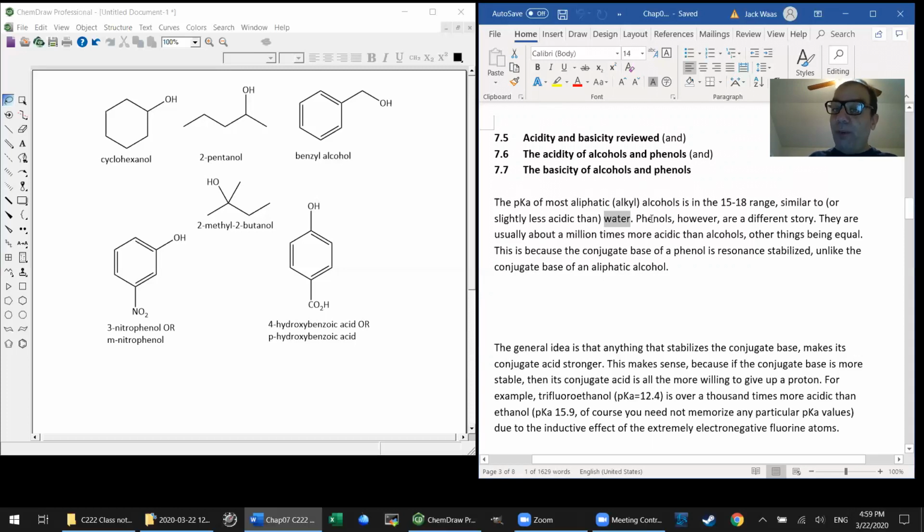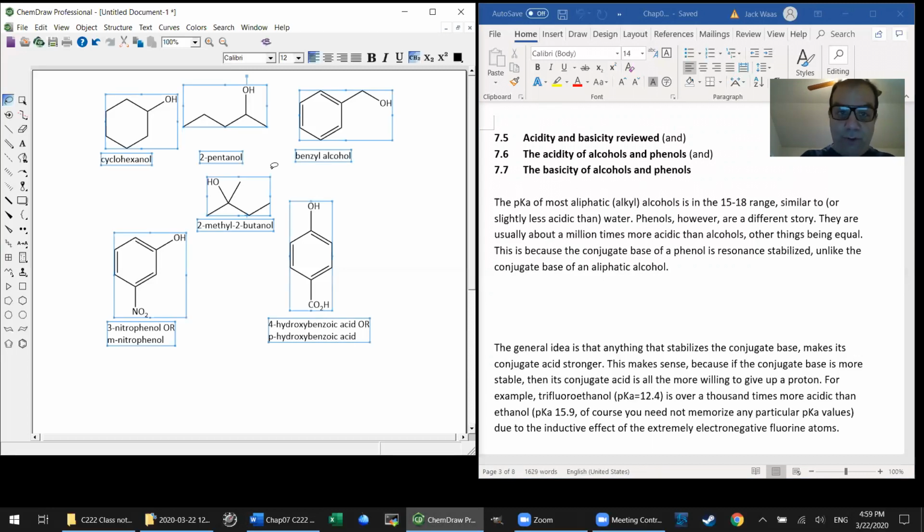Phenols are different, though, and I did mention earlier that phenols are special. Phenols are significantly more acidic than aliphatic alcohols.